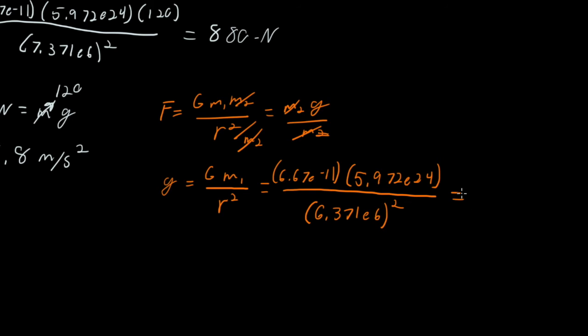If we put that all into our calculator, then we end up with 9.81365, which we could just round to 9.8. So we can see that we can calculate that acceleration due to gravity pretty easily. This isn't a very complex equation. And so we can figure this out for a variety of planets.